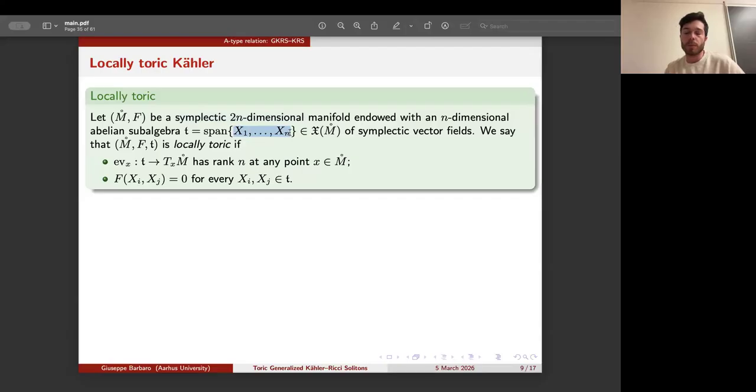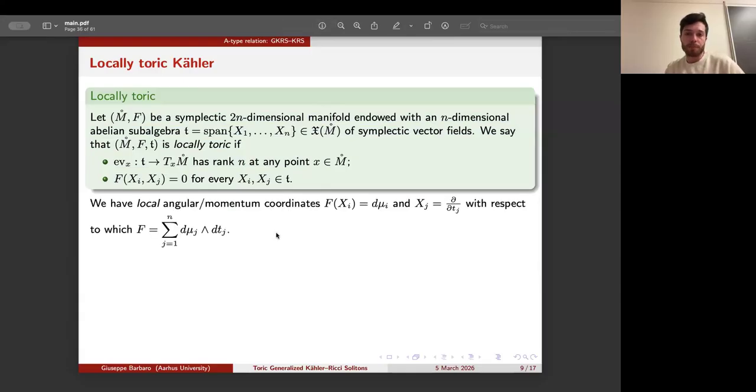We need this distribution to span a maximal subspace, so rank n at any point, and we need the symplectic structure to vanish on them. These are the conditions for doing toric geometry locally. And as we saw, we checked that this is happening for rank two in dimension 4.